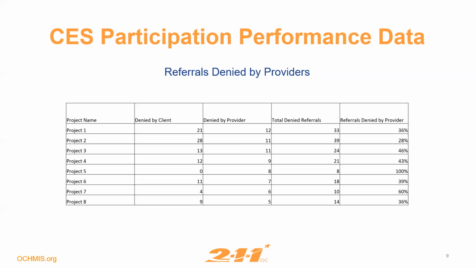If somebody wasn't necessarily ineligible for the program, but wasn't finding housing quick enough or something like that, would that fall under the category of provider or client?